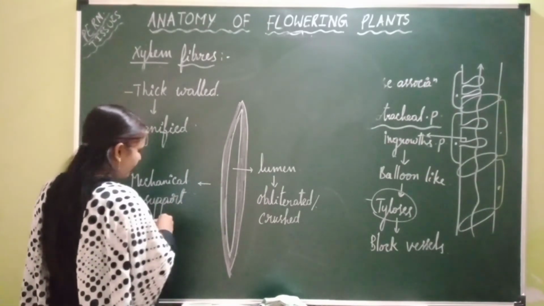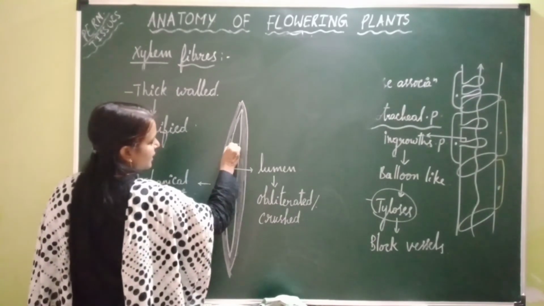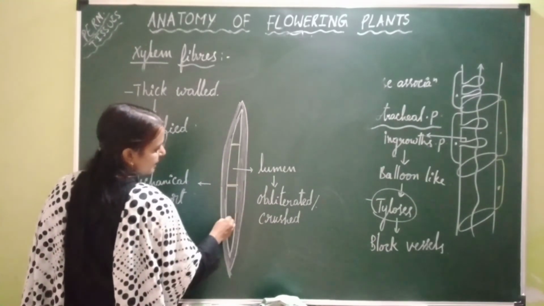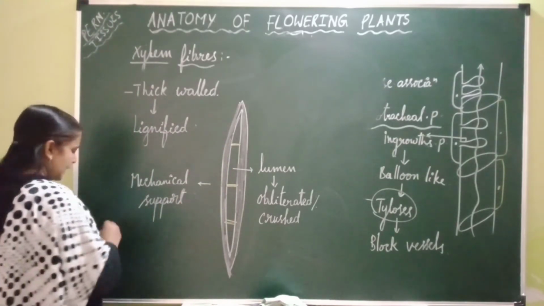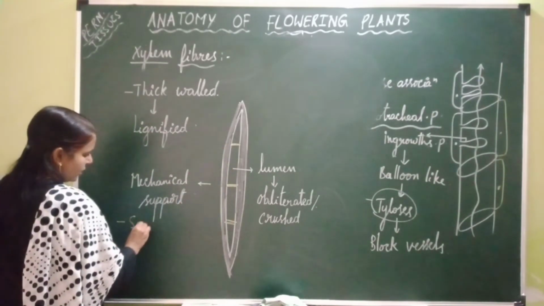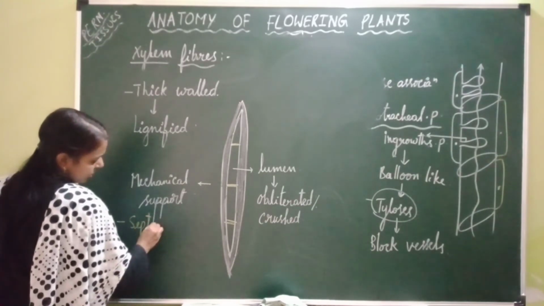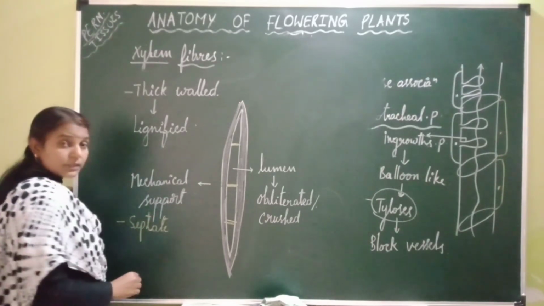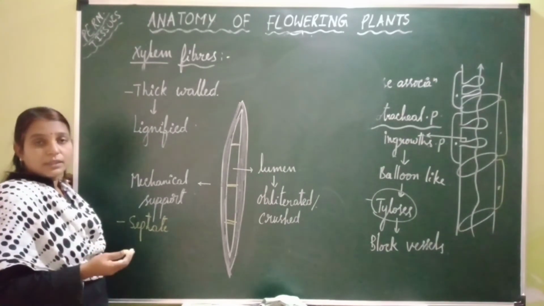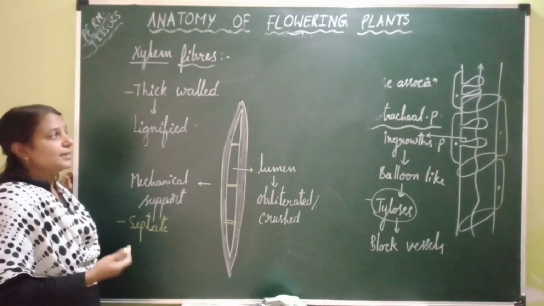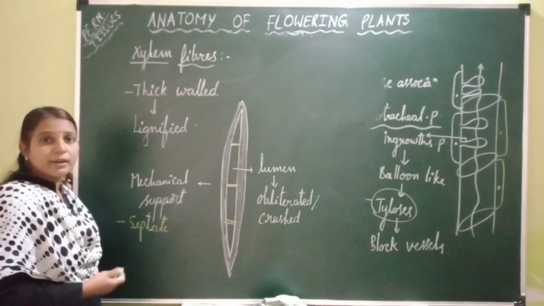These xylem fibers can be septate or aseptate. Septate means septa are present inside the xylem fiber. So this is all about all the components of xylem. We studied xylem tracheids, xylem vessels, xylem parenchyma and xylem fibers in detail till now.